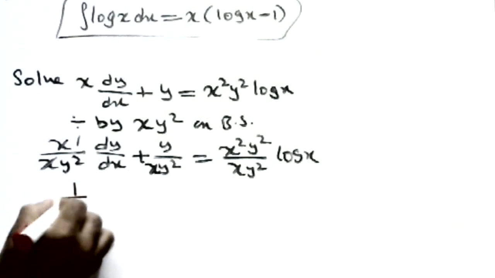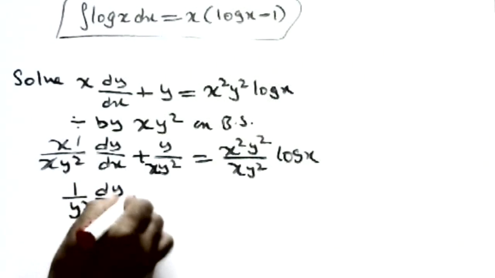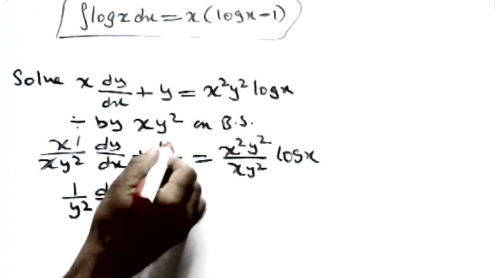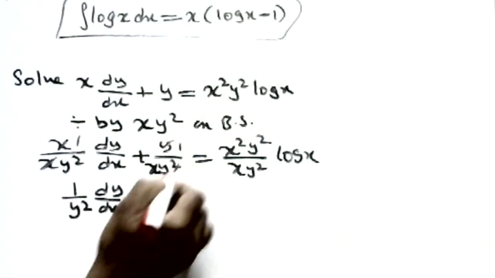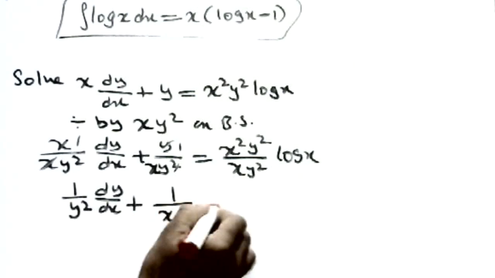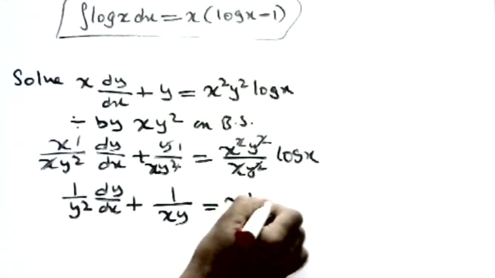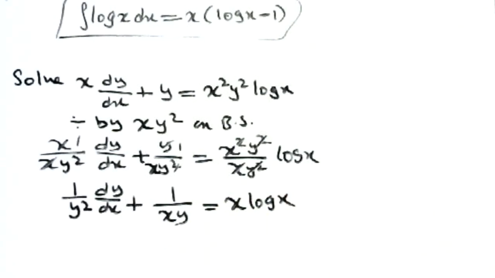So what is left here? If we cancel, it is left with 1 by y square dy by dx plus 1 by xy equals, x square y square cancel, we are left with x log x.